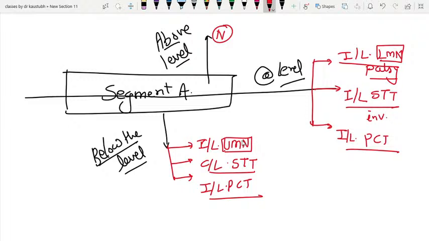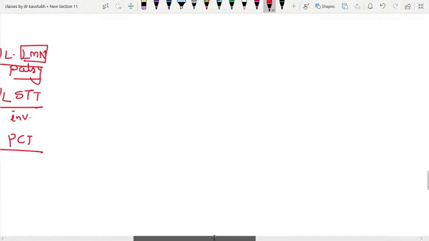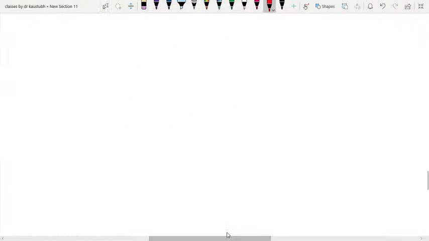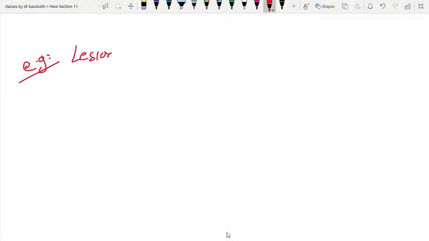So I'll give you an example. There is a lesion at the L4 segment. Tell me what is going to happen. What would happen at L4?